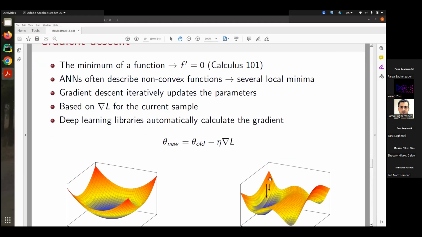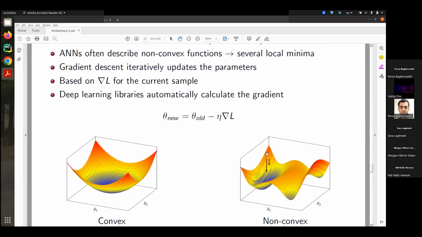We use the gradient of the error or the loss function for the set of current parameters that we have at the moment. The gradient shows the slope of a function. It shows where we need to head to get a smaller value for our function, and what the direction of the reduction in our function is.